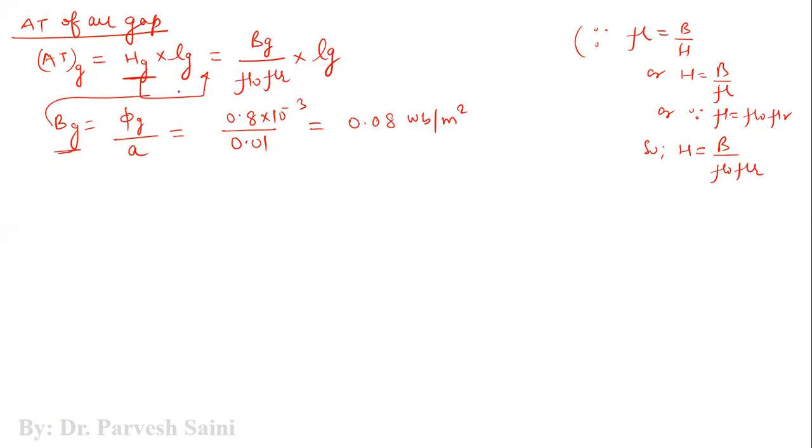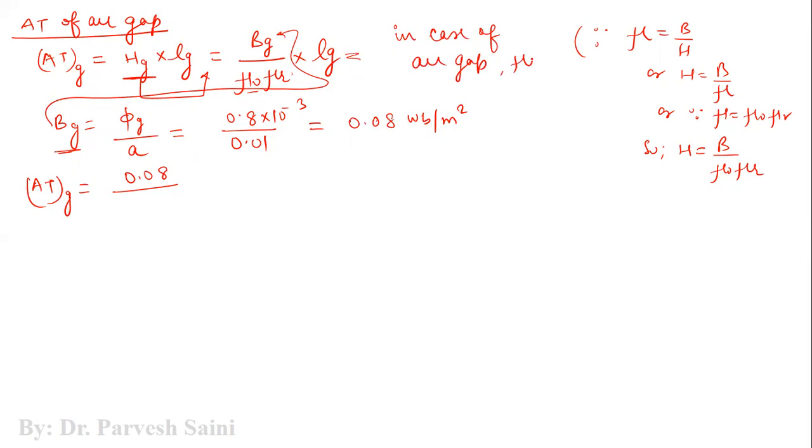So we can put this value here, and we have the value of Lg also. So the ampere turns of the air gap is equal to 0.08 divided by mu naught. Now in case of air gap, mu r is equal to 1, generally, right? So we have 0.08, the value of Bg.